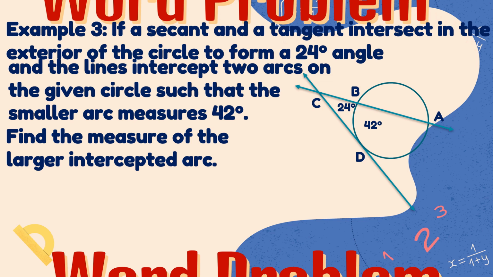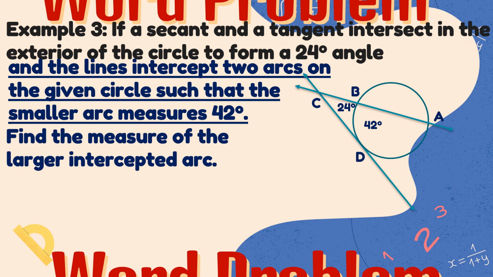Example number 3. If a secant and a tangent intersect in the exterior of the circle to form a 24-degree angle, and the lines intercept two arcs in the given circle such that the smaller arc measures 42 degrees, find the measure of the larger intercepted arc.